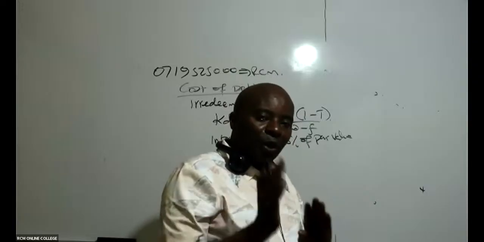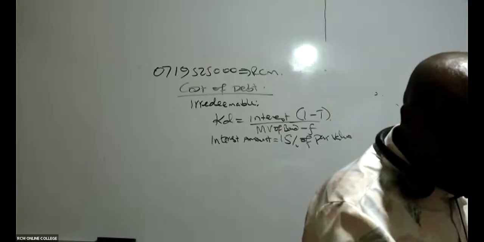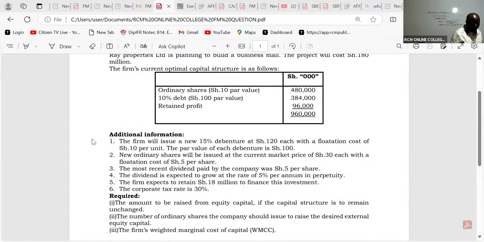So do we have the par value in this question? So the par value, ladies and gentlemen, we are told that the firm will issue a new 15% debenture at shillings 120. You can see they're issuing new at shillings 120. That must be the value of the bond.